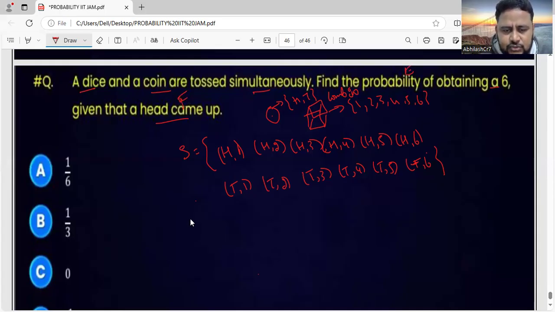So E is getting a 6. For getting a 6, there are two possibilities: either you can get head comma 6 or you can get tail comma 6. Now event F is getting a head.